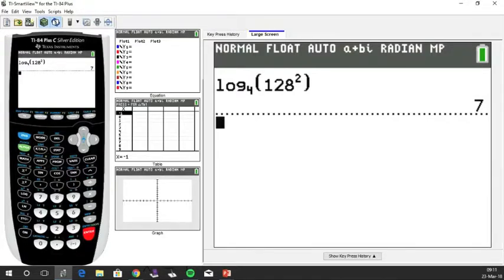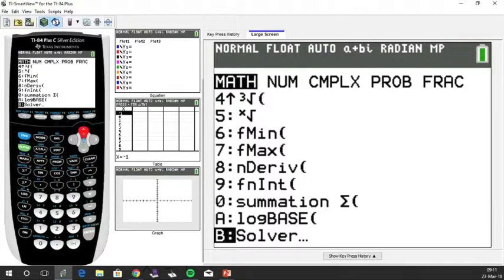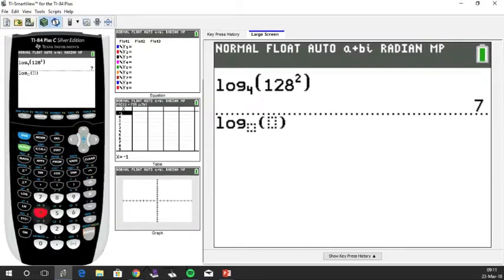But the other one is a negative 128, right? X can be both positive or negative 128. So let's see if the negative 128 works. Let's go back to math, get our log base function, change the base to 4, and let's try negative 128 squared.